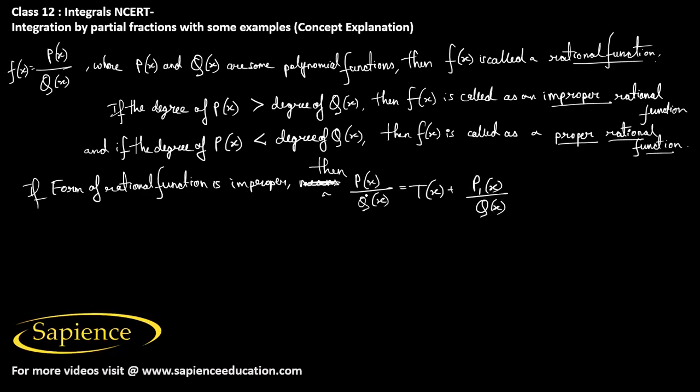It means that we can divide p of x by q of x, and then t of x will be the remainder and p1 of x will be the quotient.